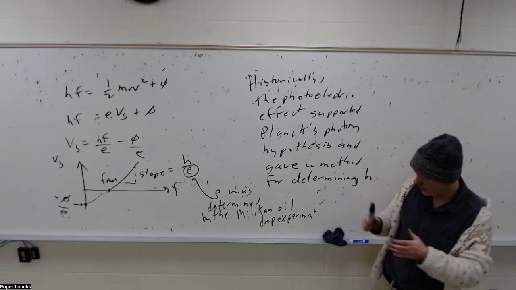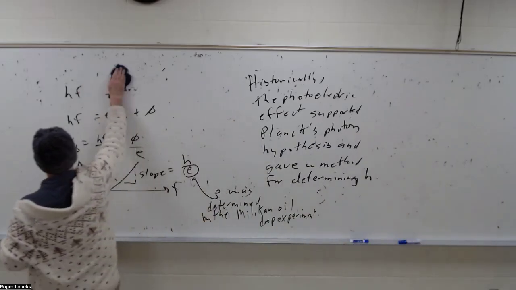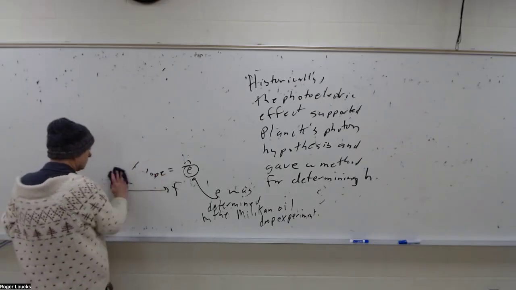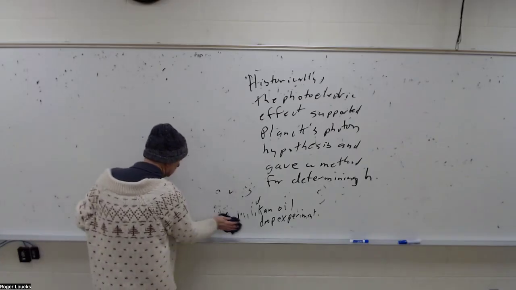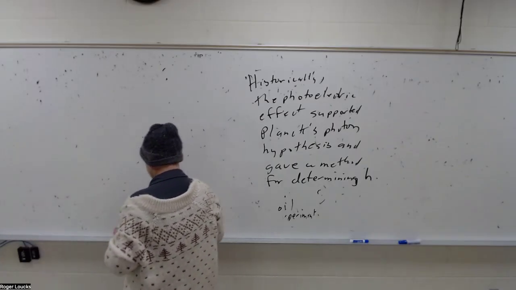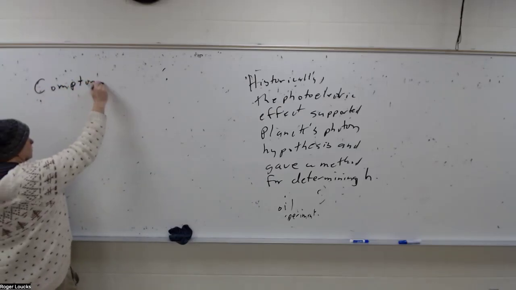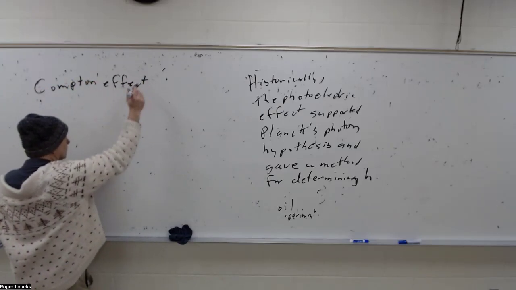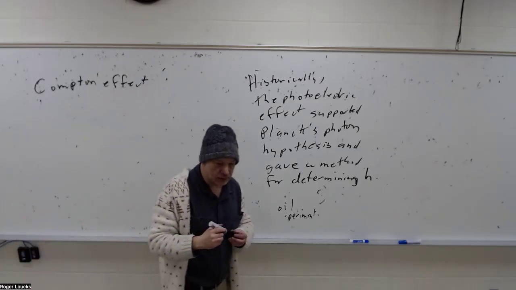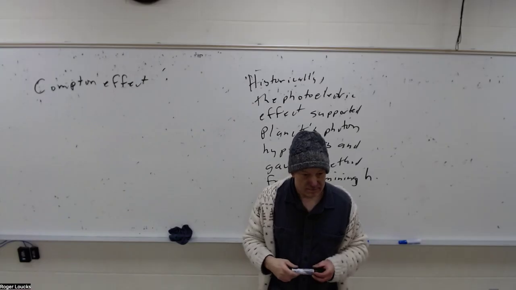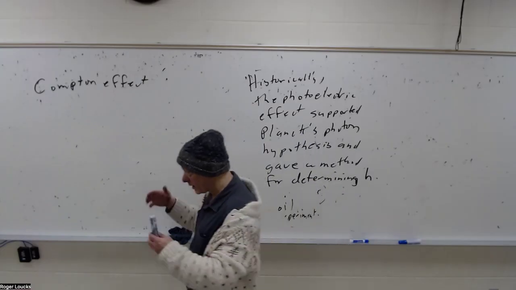Okay. So, Compton effect. We mentioned this on Friday. What did we say the Compton effect is? You take a photon and shoot it at an electron or any charged particle.